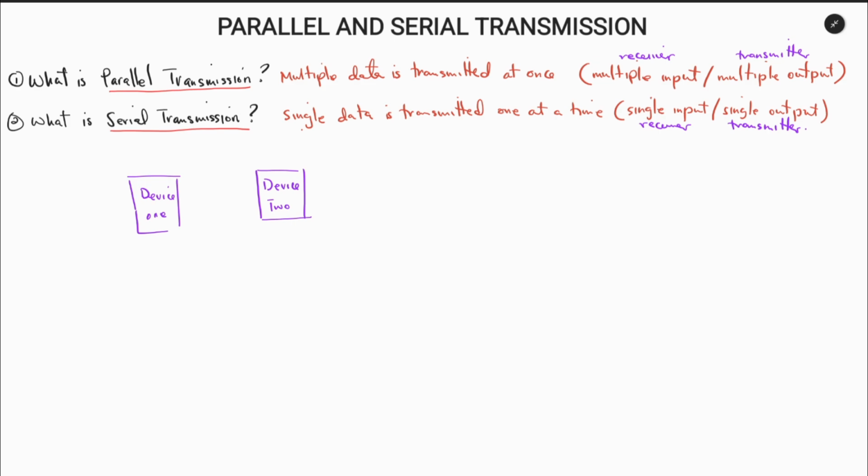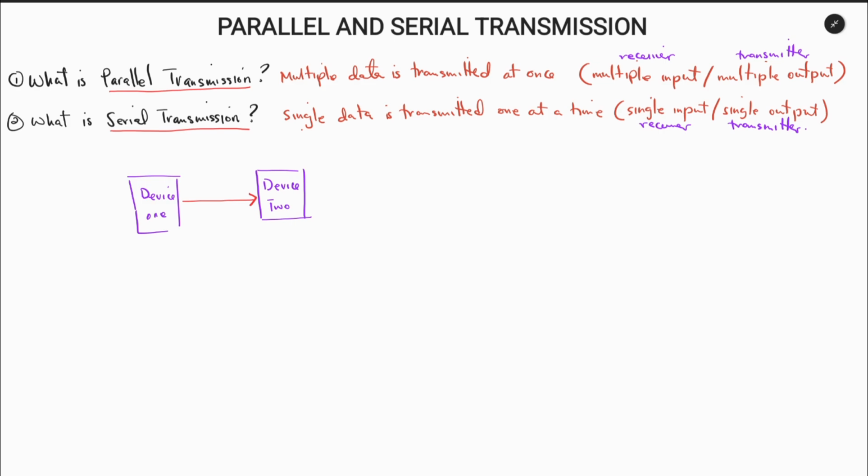In a serial transmission we have a single data line, and information will be transmitted one at a time along this transmission line.